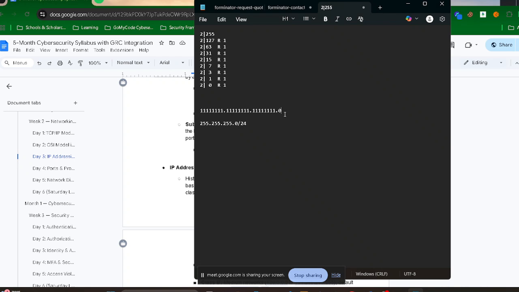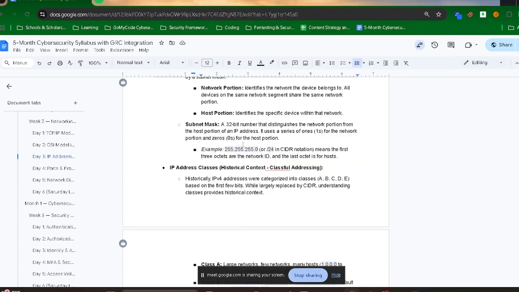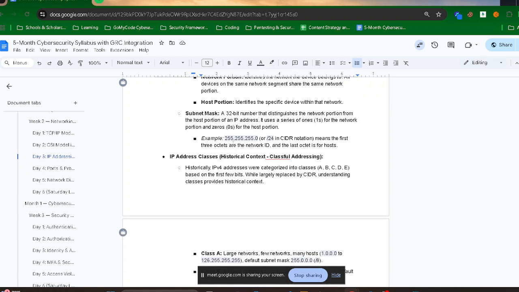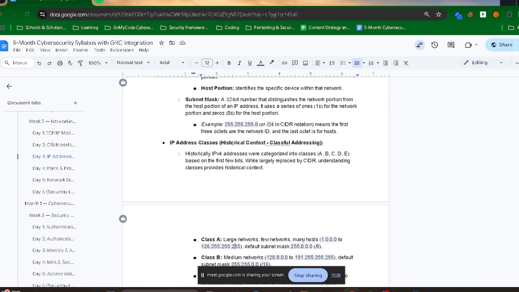So you can see something like this is called CIDR notation. We call it CIDR notation.